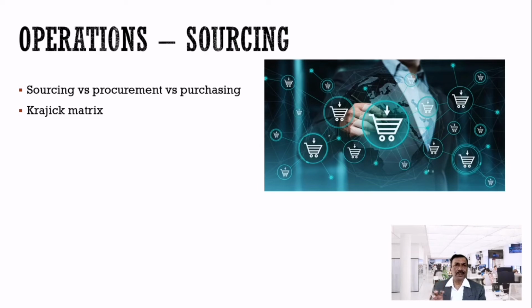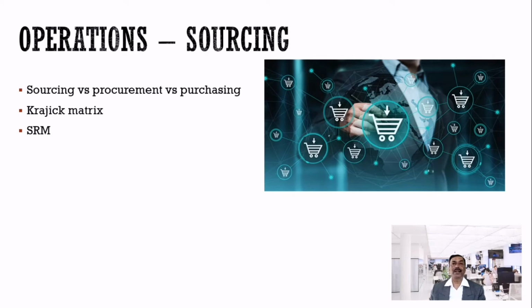Some are called leverage materials, some are called operational materials. So different kinds of materials or vendors have to be treated differently. In the case of critical material, you need some type of long-term relationship, a strategic partnership. All this analysis has to be done even before deciding on a particular vendor.